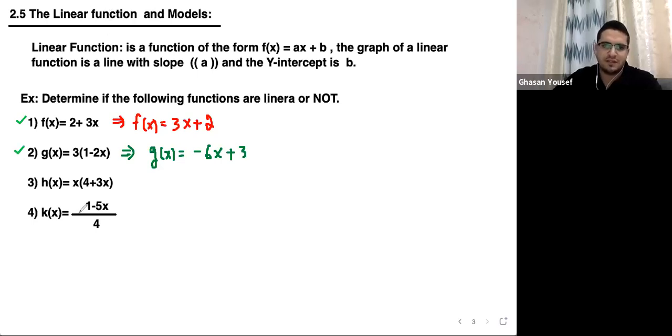For the third one, is it a linear function? h of x equals x times this thing inside the parentheses. No, it is not a linear function. Why is this not a linear function? Can you distribute the x inside the parentheses?